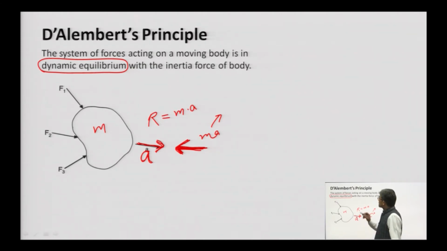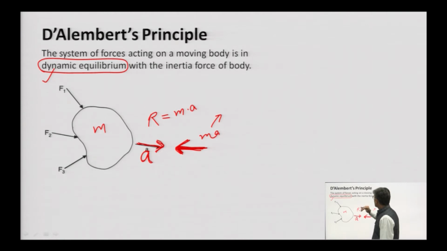So, D'Alembert principle gives this idea of how to make the body in motion be in static condition, by simply applying dynamic equilibrium with this procedure.